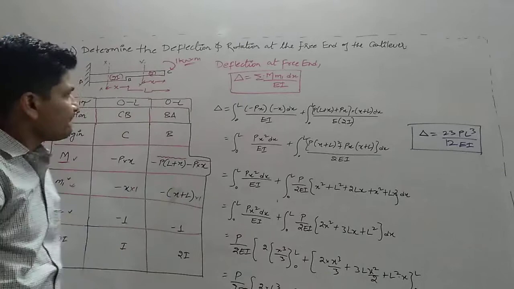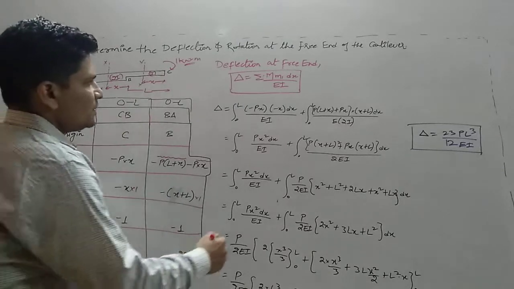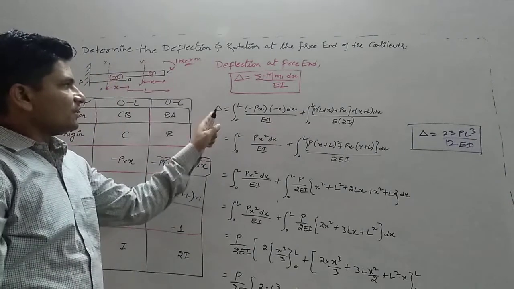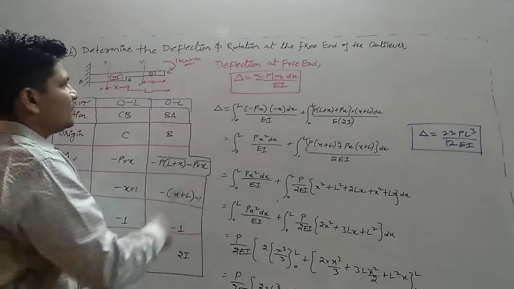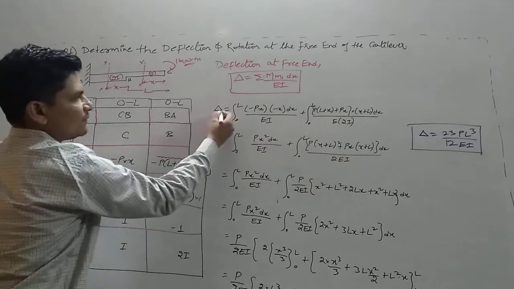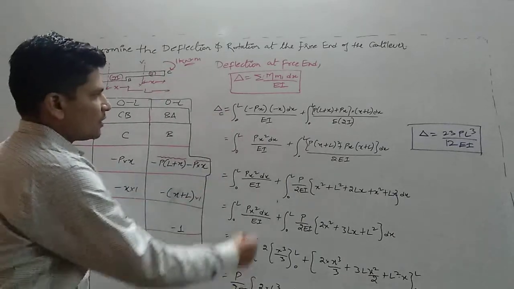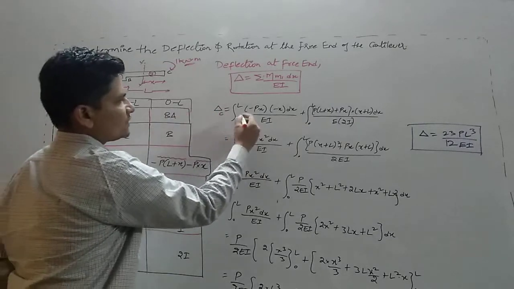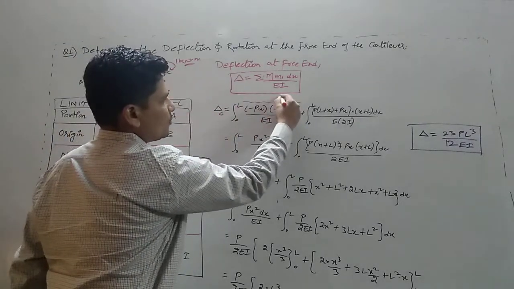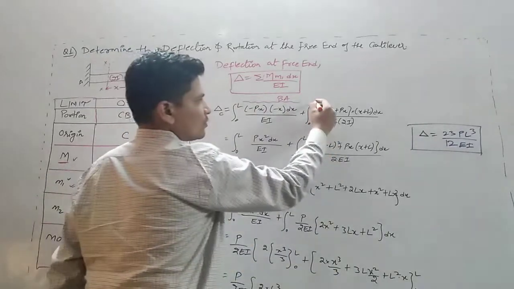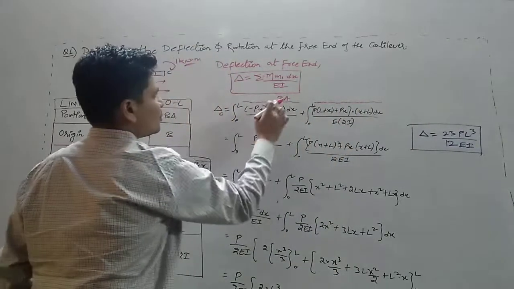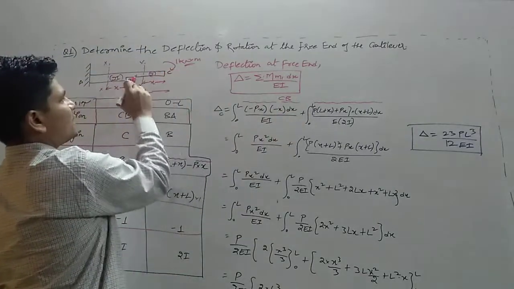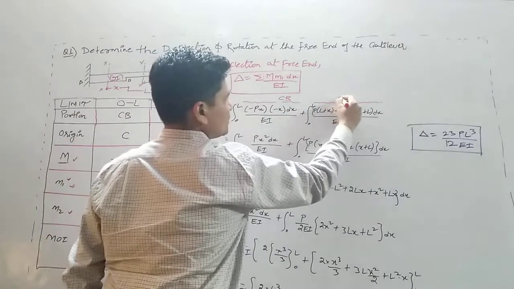The deflection is required at point C, so this is delta C. This is my CB portion here, and this is my BA portion here.